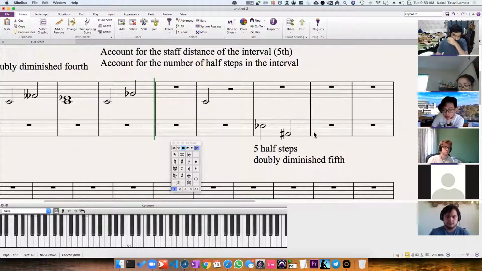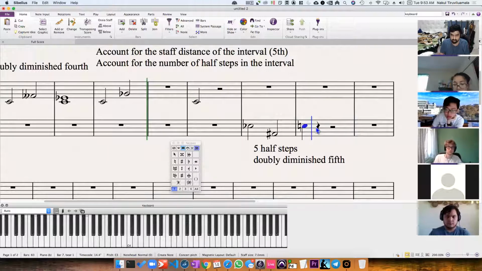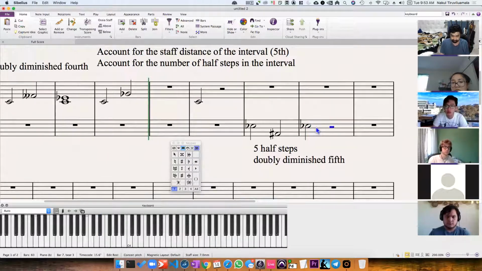I guess another way you could figure it out is this. You could start out with an interval that you know, like a perfect fifth. In this situation, you know what a perfect fifth below E flat is. It's an A flat, right?